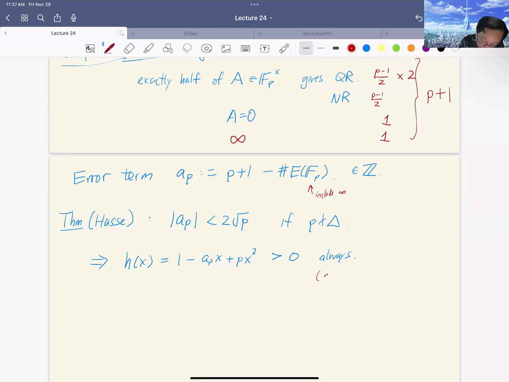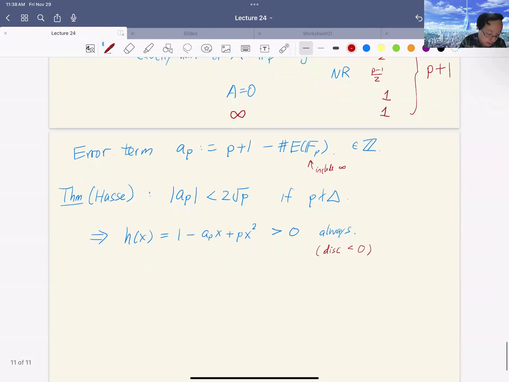So the discriminant, a squared minus 4ac, b squared minus 4ac, is negative. You just compute from this. Yeah, so this quadratic polynomial is always positive.